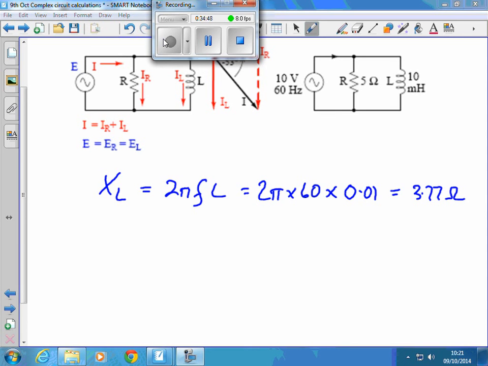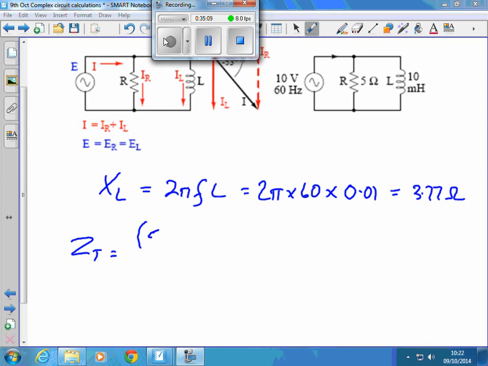So we're talking about ZT equal to, what's the easiest thing to use here, do you reckon? Product over sum. Remembering we've got to use complex quantities.